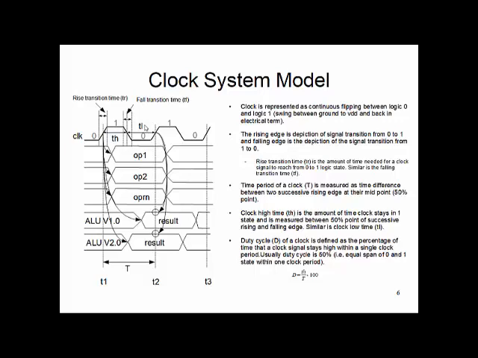That means if you are given a time period, let's say 1 nanosecond, you can compute the corresponding frequency of the clock as 1 by T. So it's T equals 1 by f. This is purely a physics formula for how you compute frequency.